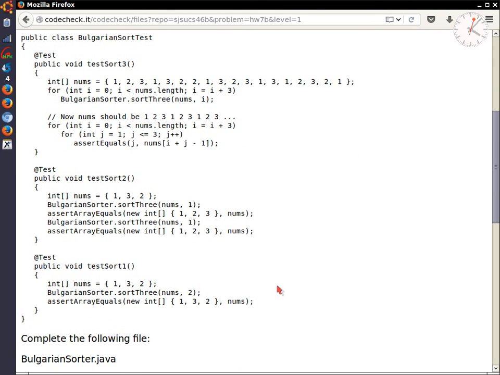The other thing that I wanted to bring up is, what the heck is assertArrayEquals? Where does that come from?